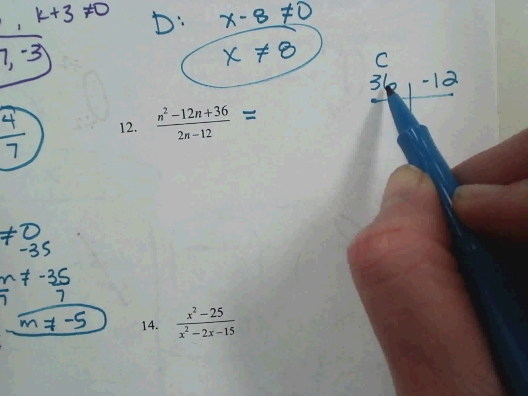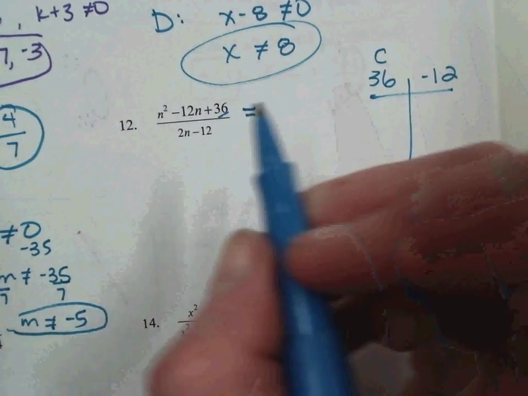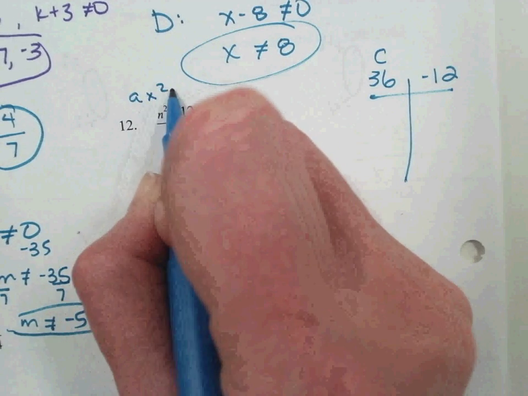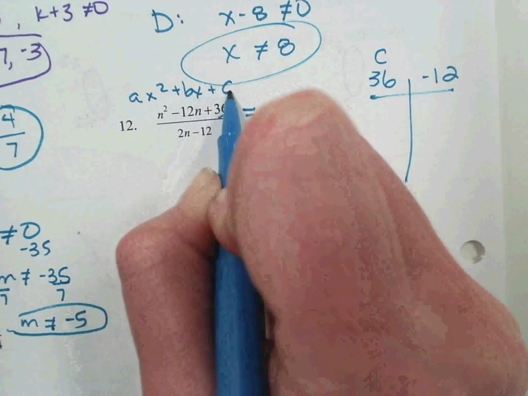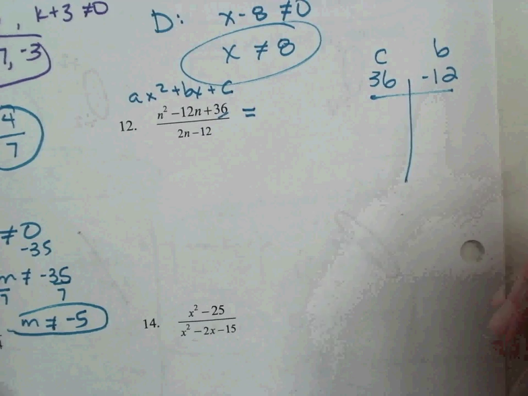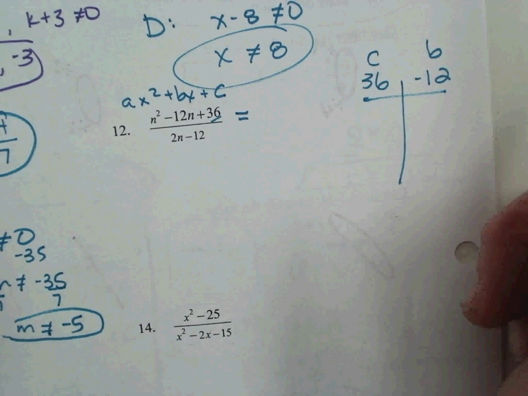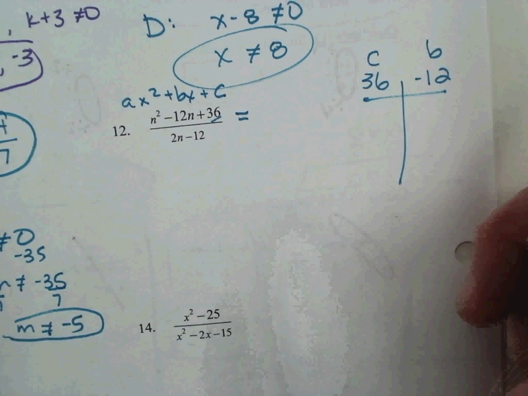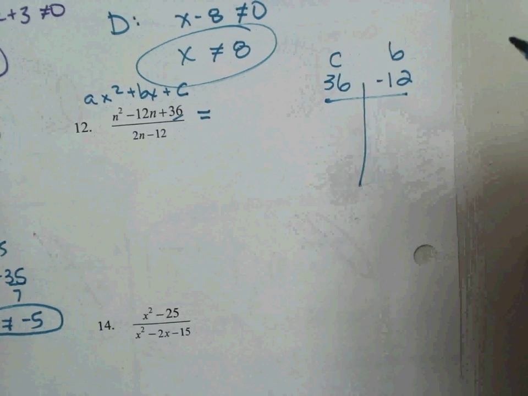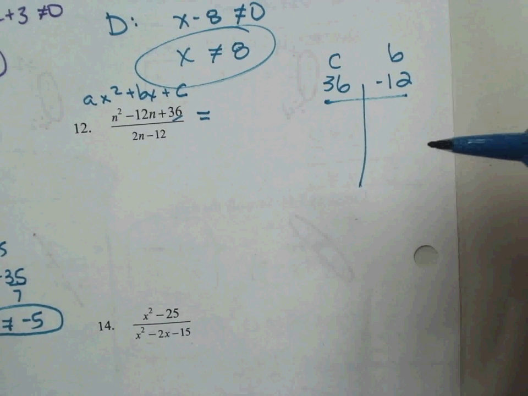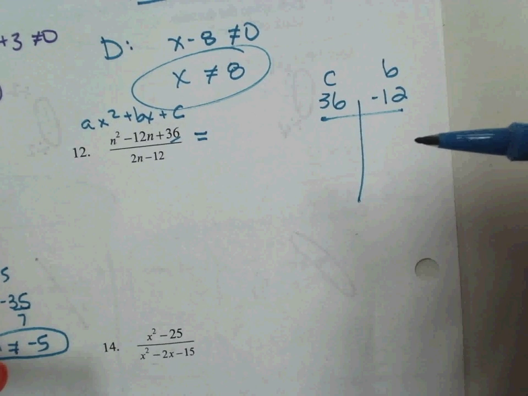The C goes on the left. Remember standard form, ax squared plus bx plus c, and the b goes over here every time. So, what's 36 divided by 4?